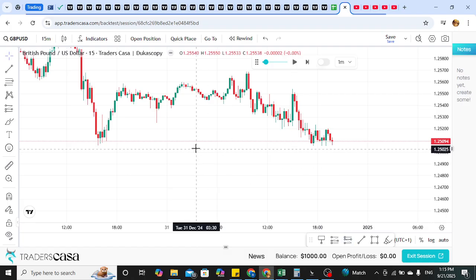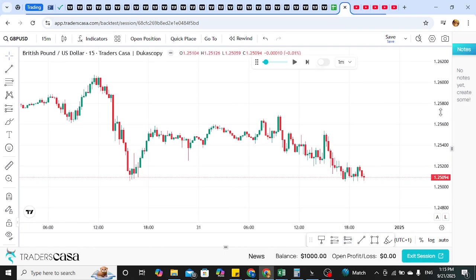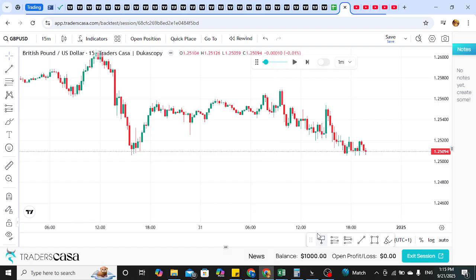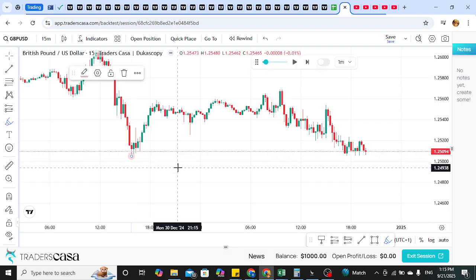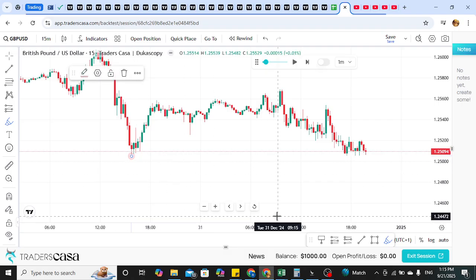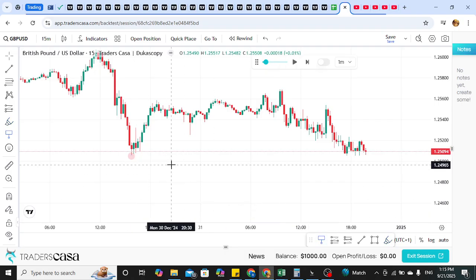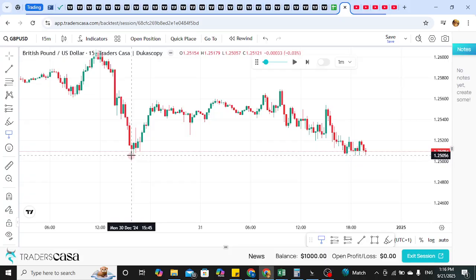So let's start with this area here. This is the bottom, and this bottom has been broken.